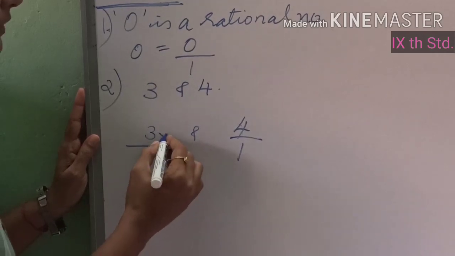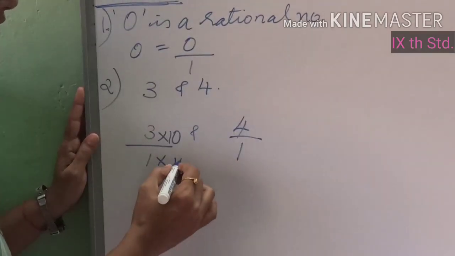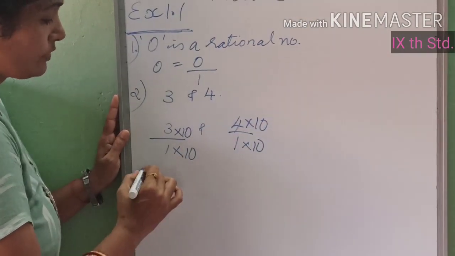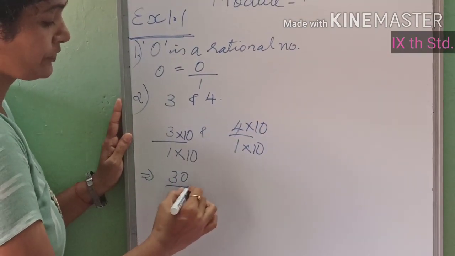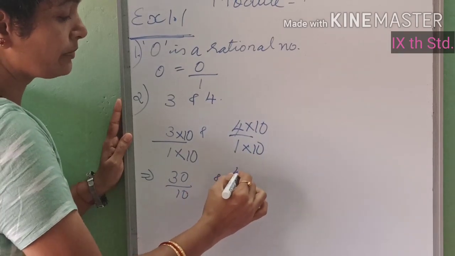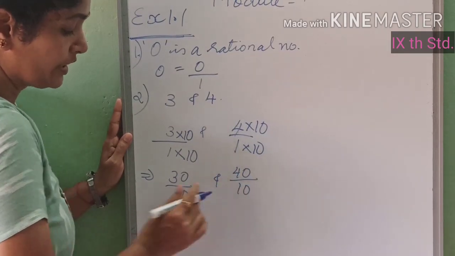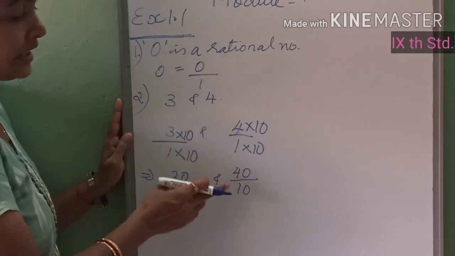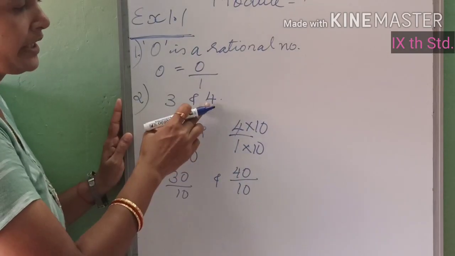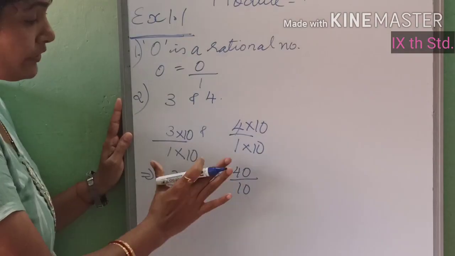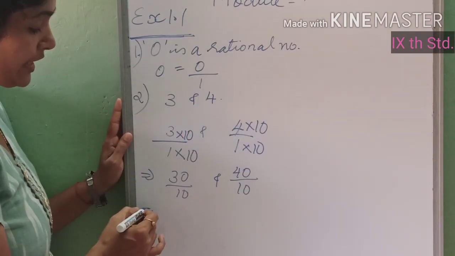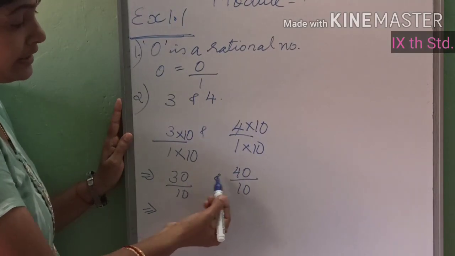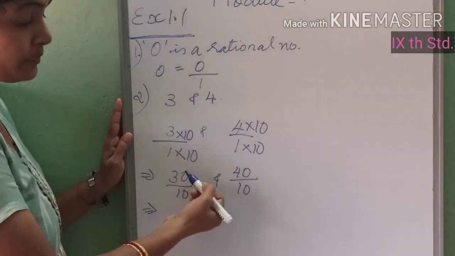I will multiply both by 10, so this will be 30 by 10 and that will be 40 by 10. If I simplify 30 by 10, I get back 3, and if I simplify 40 by 10, I get 4. So we have not changed the numbers which they have given. Now between 30 by 10 and 40 by 10, you get 9 rational numbers.